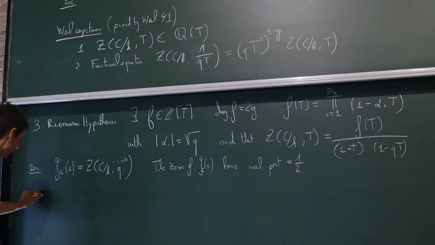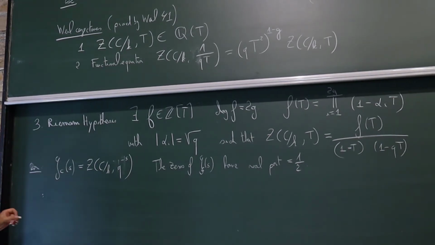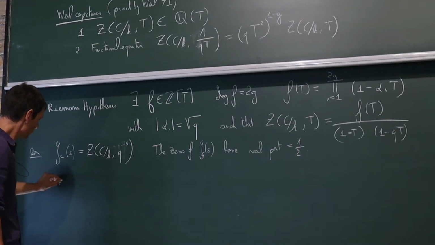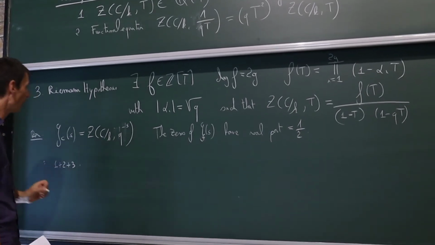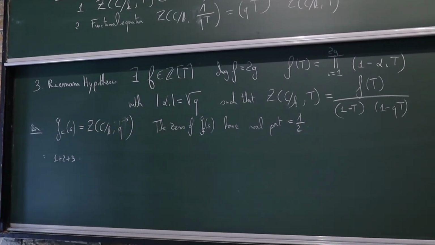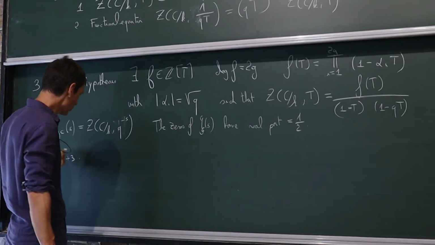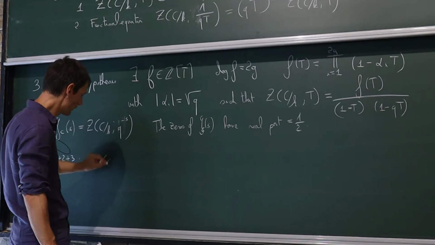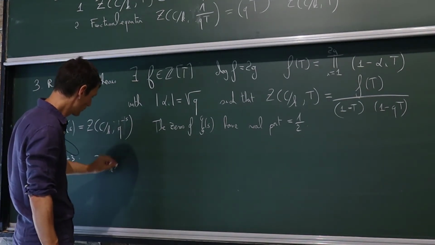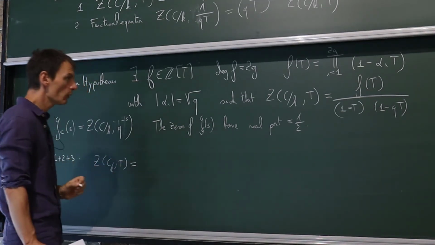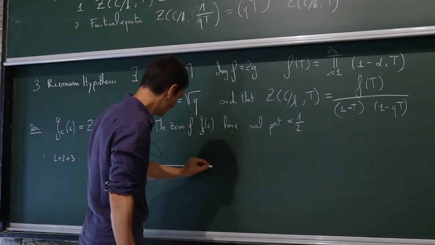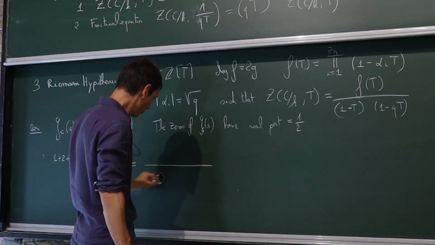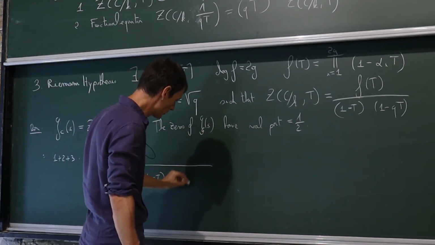And as another remark, let me rephrase also 1 plus 2 plus 3 in one way of writing the zeta function. So instead of writing, the zeta function of C over k, t, is going to be a rational fraction, so 1 minus t, 1 minus qt.